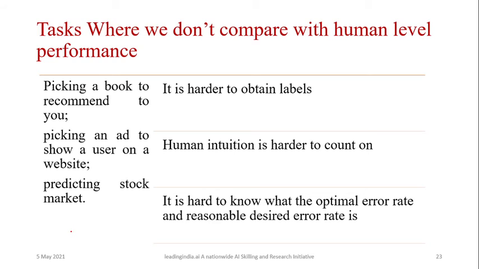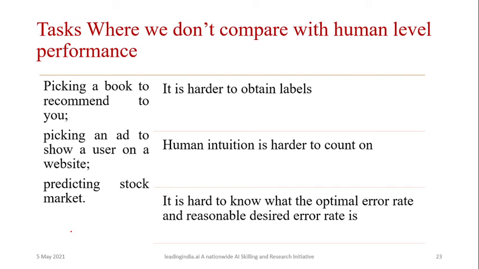Now let's understand when we cannot compare with human-level performance. Suppose I want to buy a new book from Amazon. If I ask my friend, maybe he has read a few books, but Amazon has thousands of books.